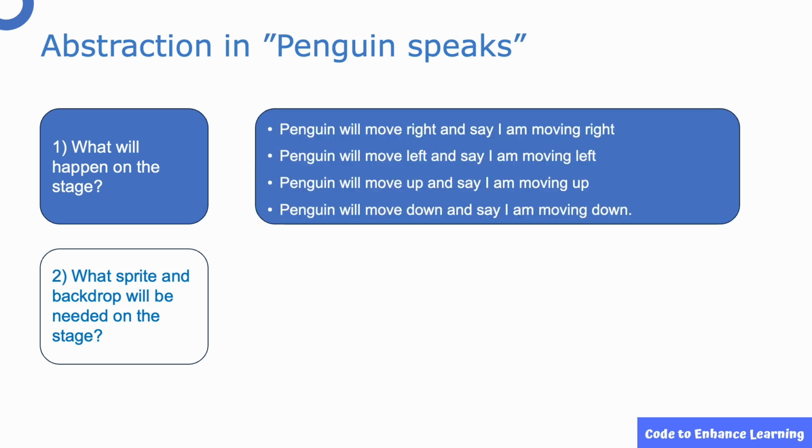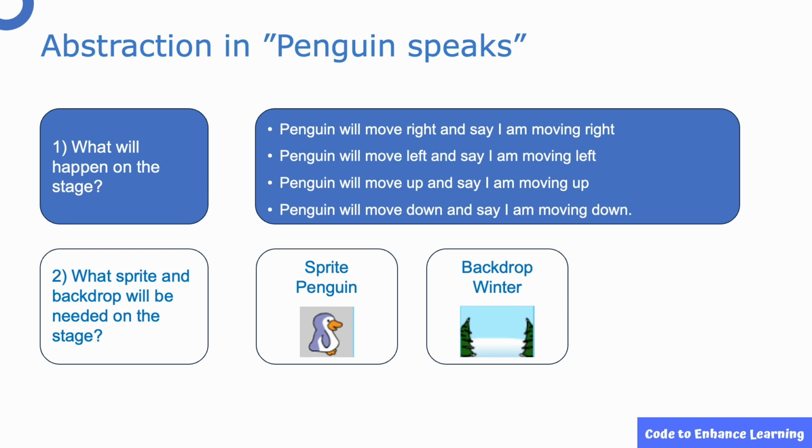Next, we think about the sprite and the backdrop needed. We finalize the penguin sprite and winter backdrop. As you can see, abstraction has made the project really simple to understand by focusing on the important details while hiding the unnecessary ones. Now, let us see how to code the project on Scratch.